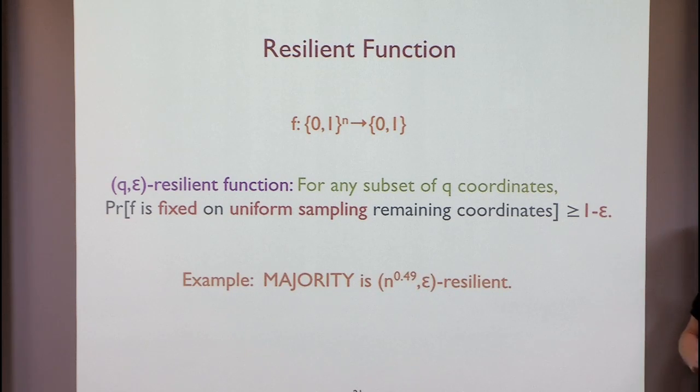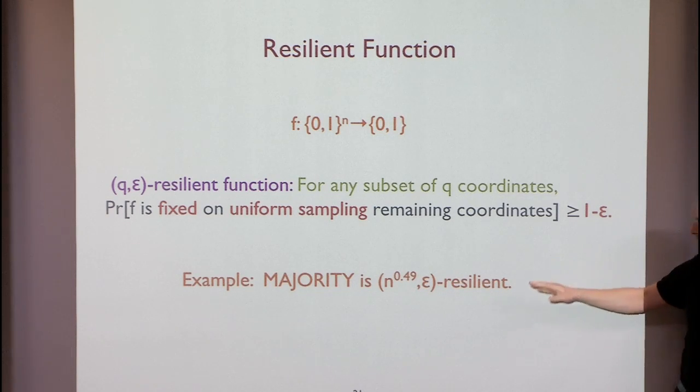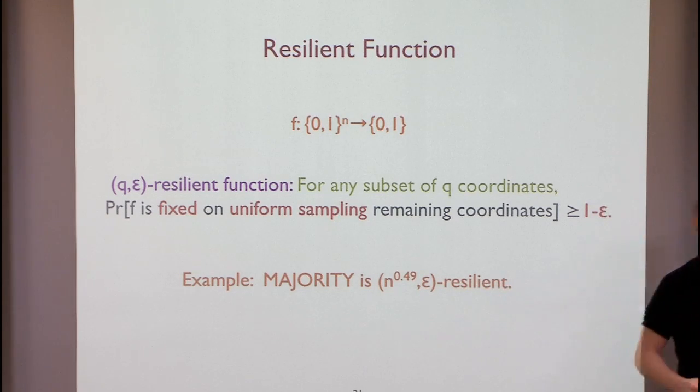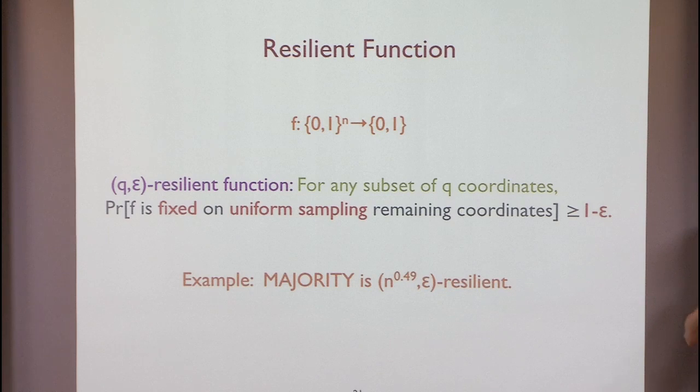So as an example, think of majority. If an adversary controls less than square root n of the coordinates, then if the other coordinates are chosen uniformly at random, you're likely to have a square root n deviation, and these n to the 0.49 adversarial bits are unlikely to affect the value of this function.